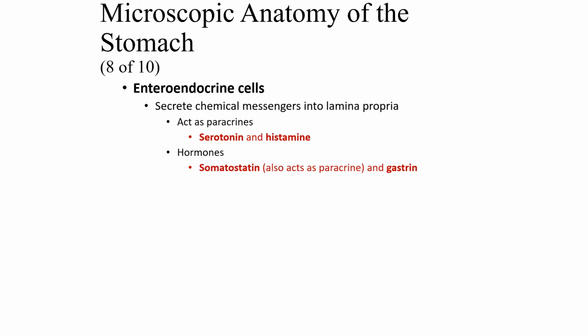Enteroendocrine cells. Let's look at that word. Entero means in the intestines or in the gut. So consider the stomach part of the gut. So entero, digestive, in the gut. Endocrine means, of course, the endocrine system, hormones.